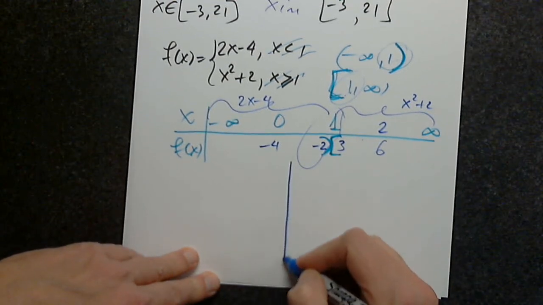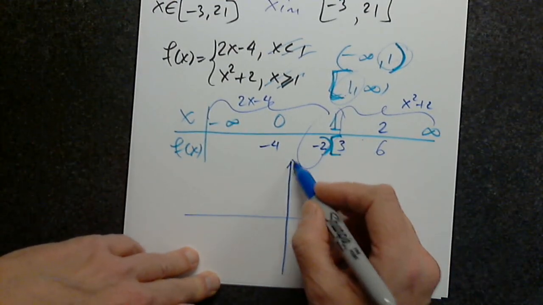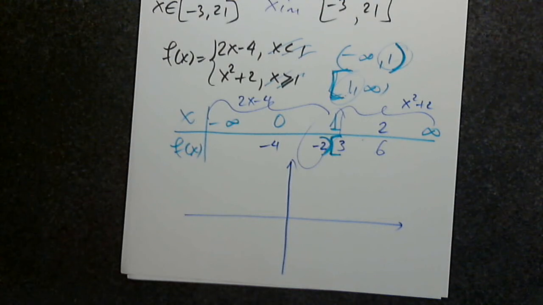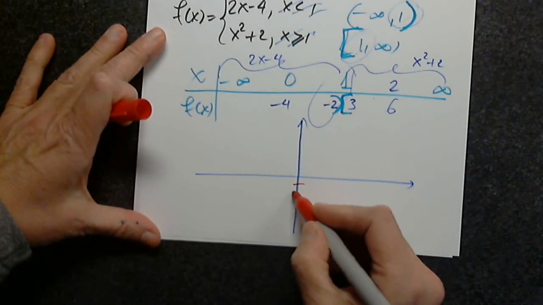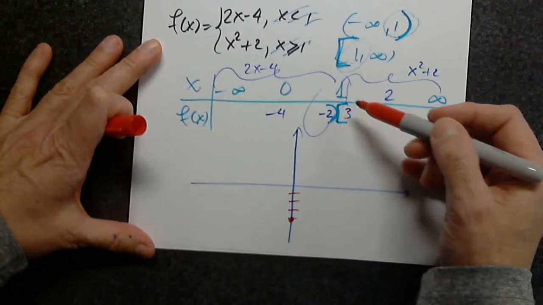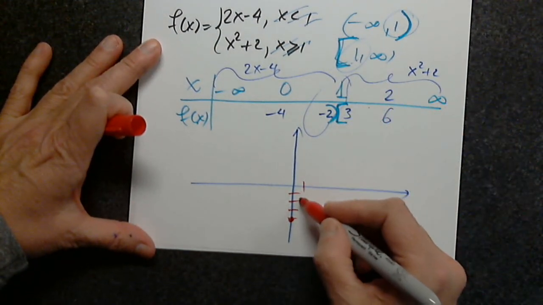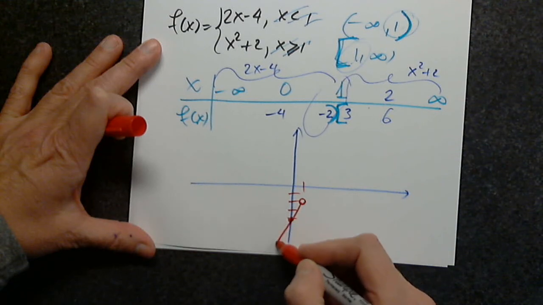That's all I need to graph this. So from left to right, the first point is 0, -4, a full point. Then 1, -2 is an open point, and I connect.